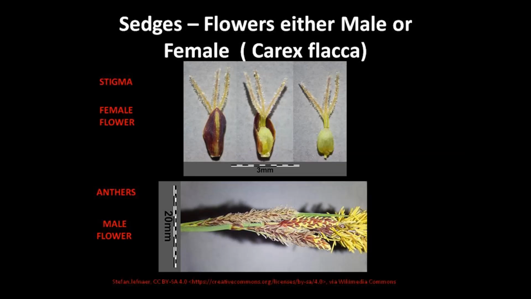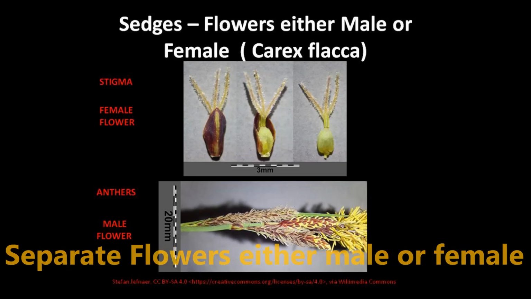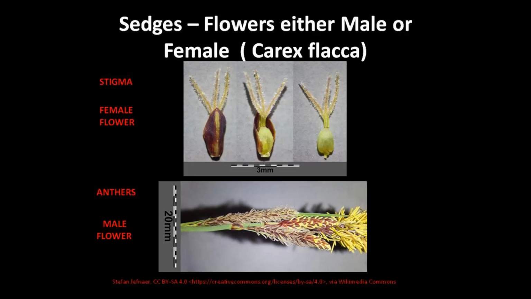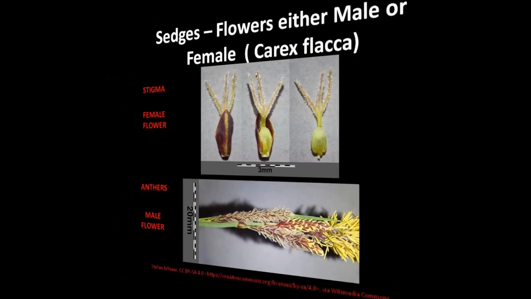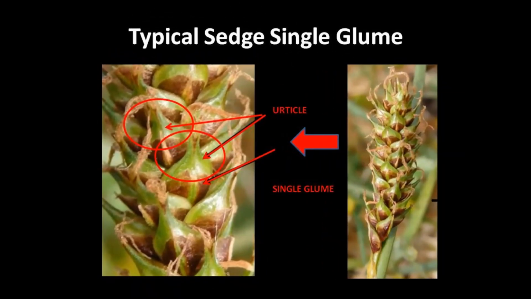The first thing to note about sedges is the florets have separate male and female parts, unlike the rushes, which have male and female all on the one floret. Here we see a typical shot of a sedge, showing pictures of the glume situated beneath the utricle.